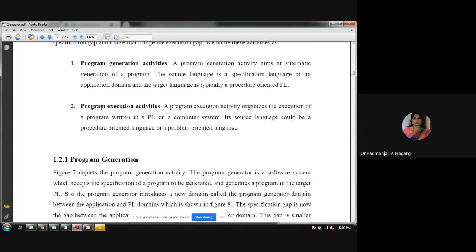So program execution activities organize the execution of a program written in any programming language of the computer system. Its source language could be a procedure oriented language or a problem oriented language.